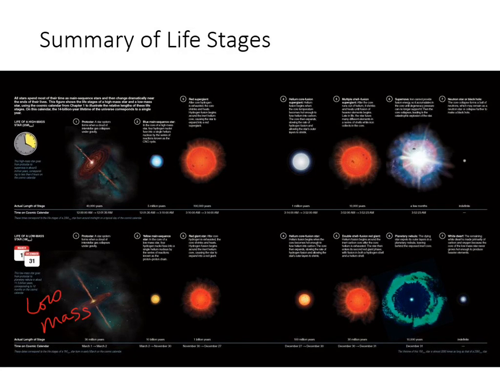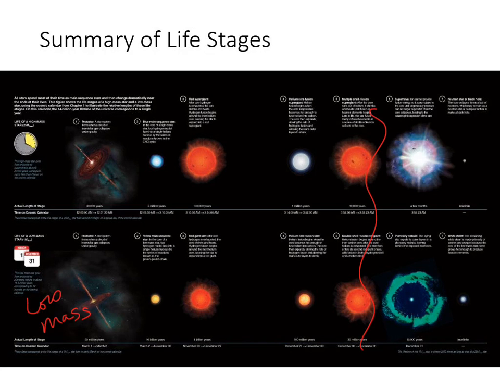The one at the top here is very similar, about the same for the high mass stars. This doesn't emphasize it, but it does end up with an onion-like structure in its interior.